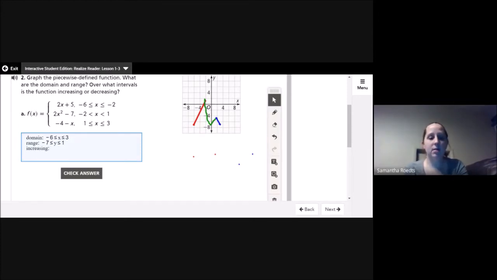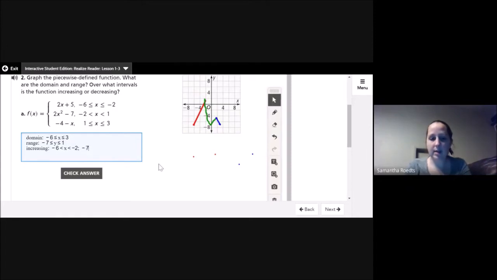It's increasing from negative 6 to negative 2. So the red is increasing. When we get to here, green, that's decreasing. But when I get to negative 7 up to 1, it increases again.